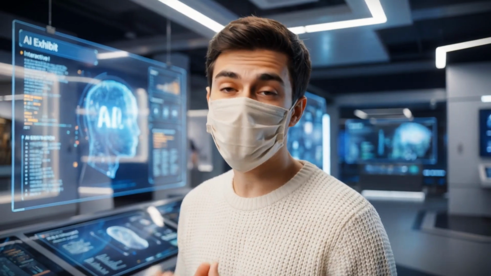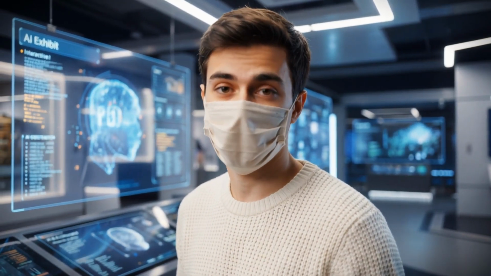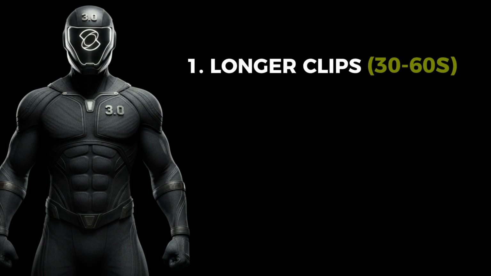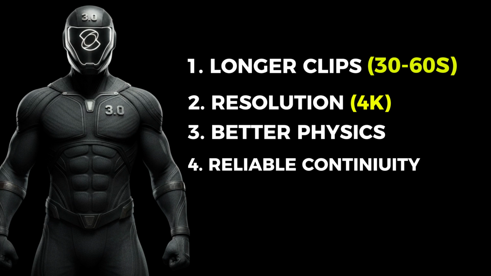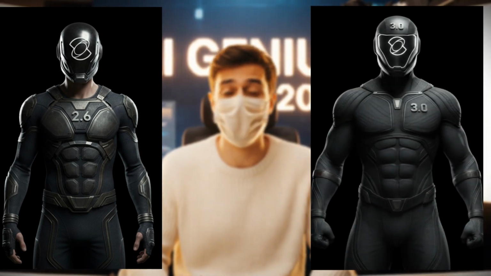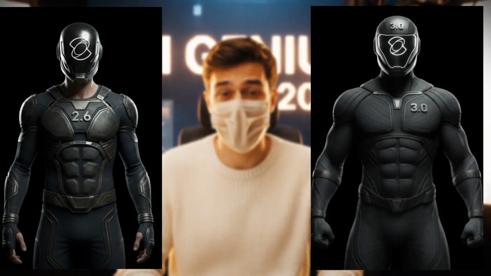It's excellent for short clips, visual experiments, and quick demos, but not yet a fully cinematic production tool. Kling 3.0, on the other hand, is expected to push beyond those limitations with longer clips, higher resolution, better physics, and more reliable continuity. In other words, Kling 2.6 feels like a powerful prototype, while Kling 3.0 is shaping up to be a serious creative platform.